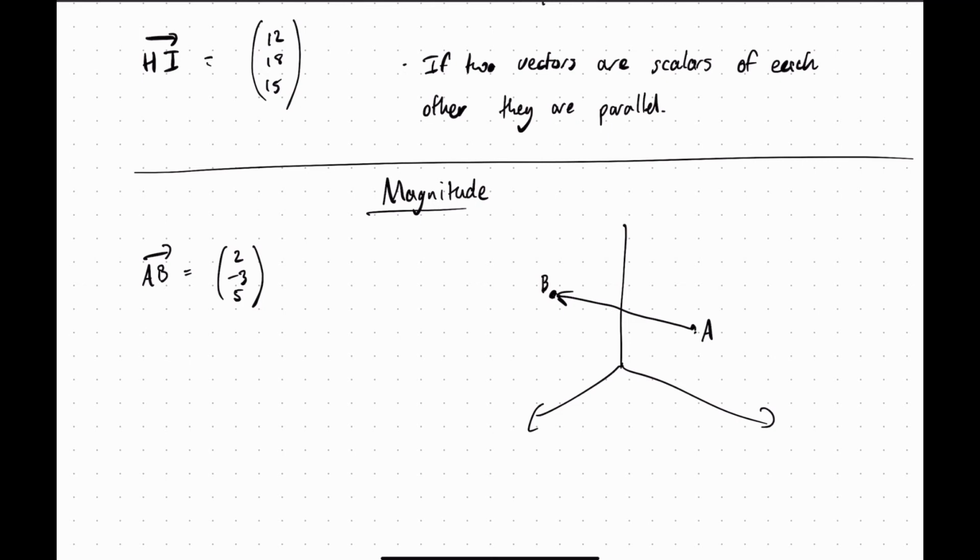So this would mean I'm going 2 in the x, I'm going down 3, and then I'm going depth 5, which would not look like it's over there, but let's pretend it is. In fact, that's a better way of doing it, isn't it? Right. Okay.